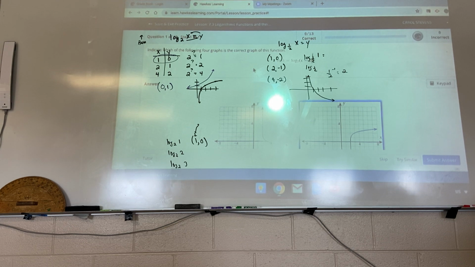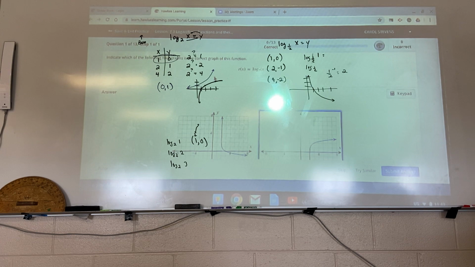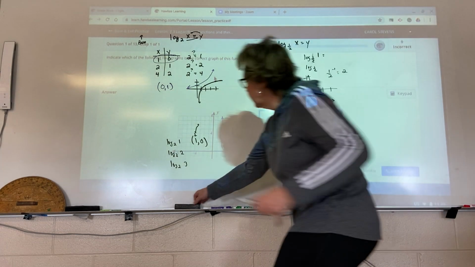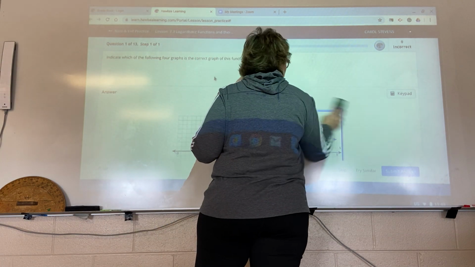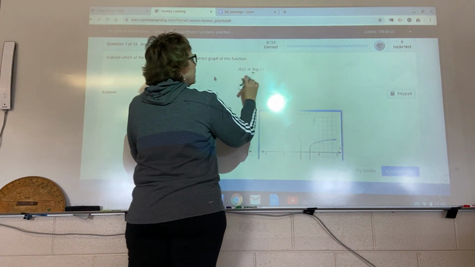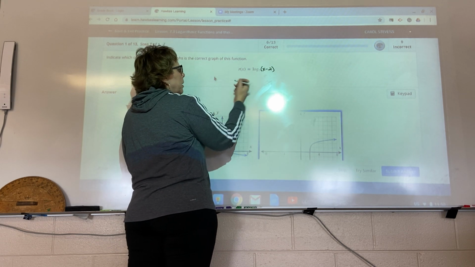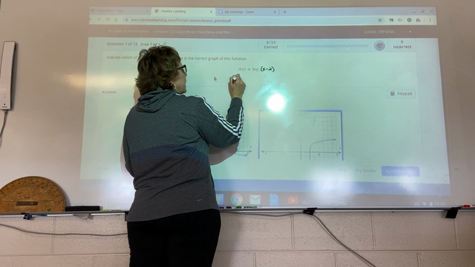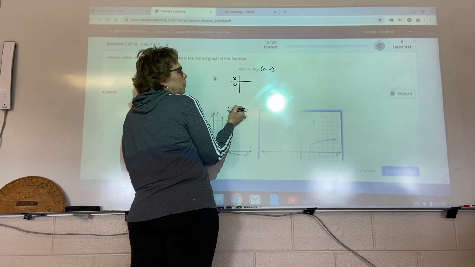So this one, I'll do this one with you and then I'll be done. This one says log base 7 of x minus 2. So just make up some numbers. So make x be 0. You can use 0 if you want to.